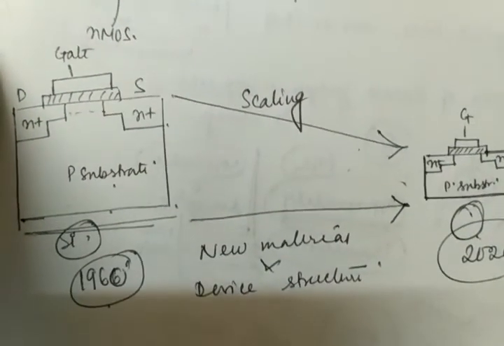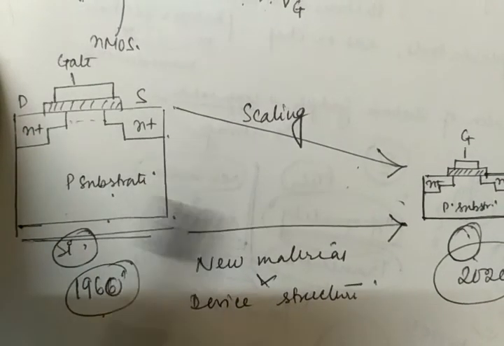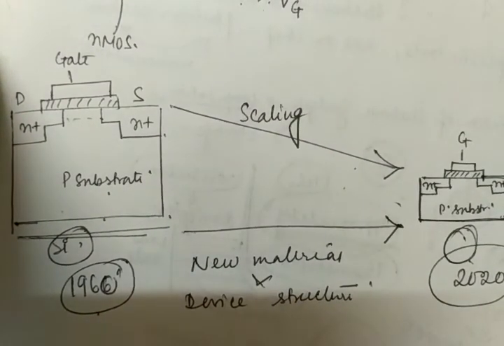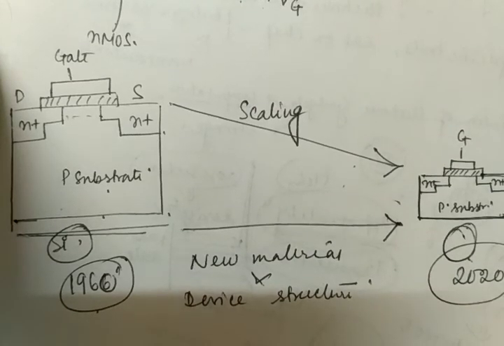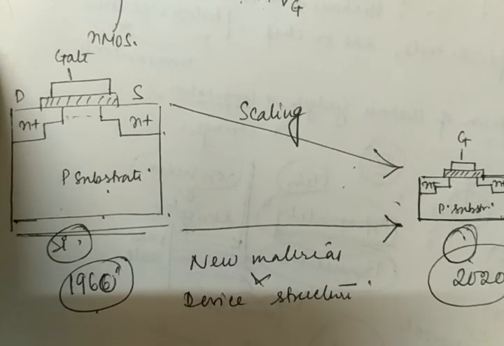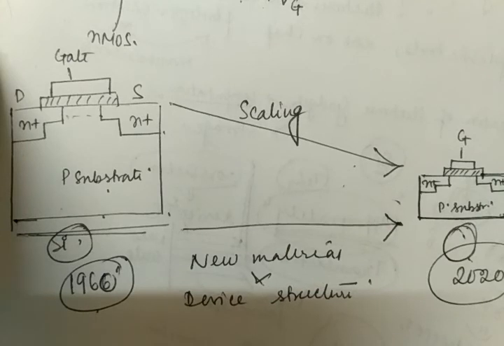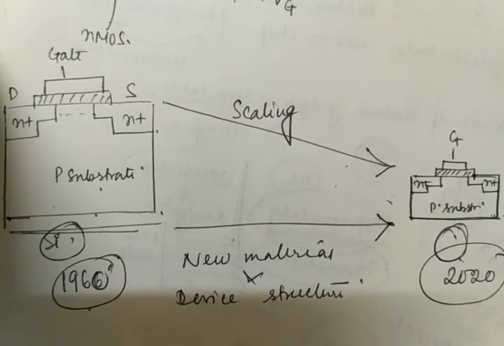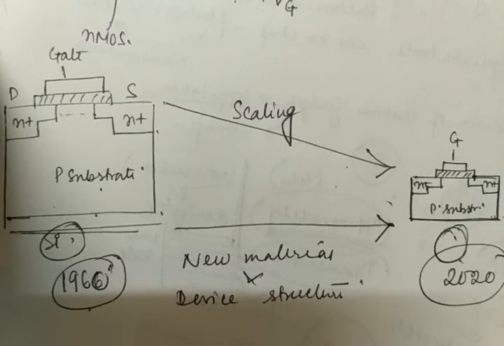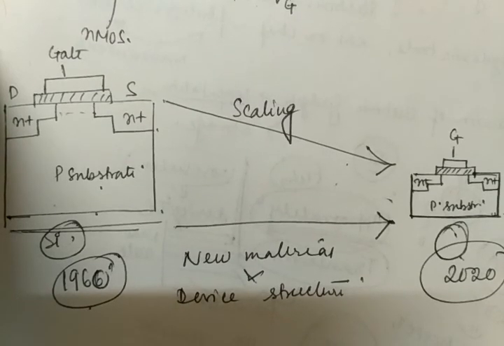This is the most important concept that we will discuss in our next lecture, that is MOS scaling. Scaling is the most important discussion point: how the scaling is done, how the small device is formed, how the efficiency is increased in this small device, how the area is optimized, and how the speed is increased.